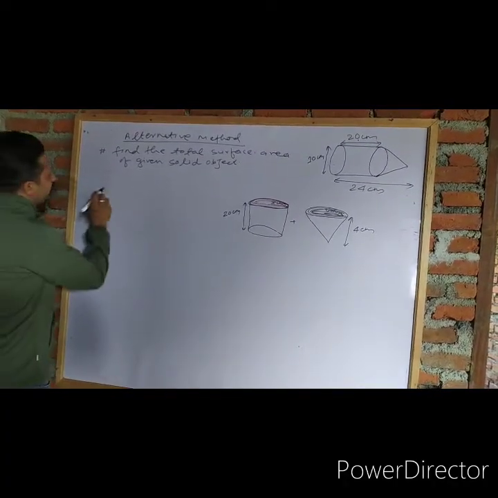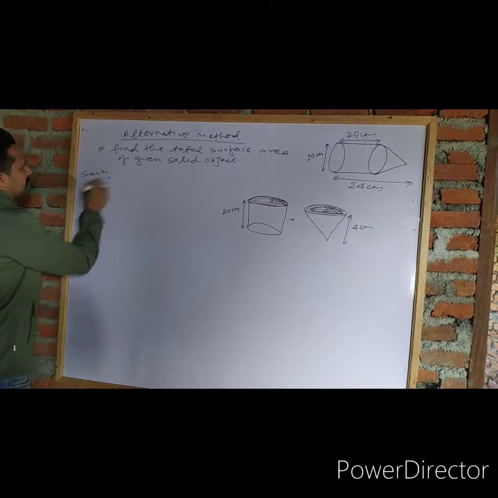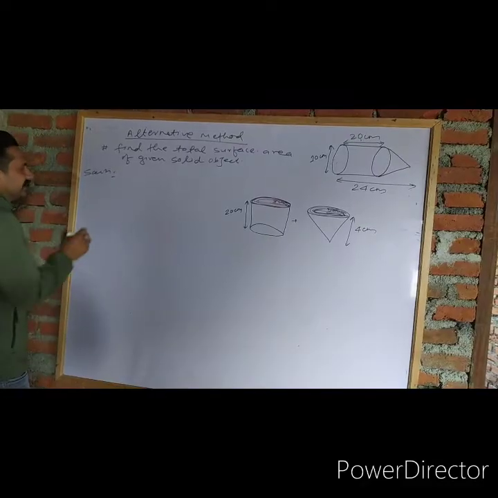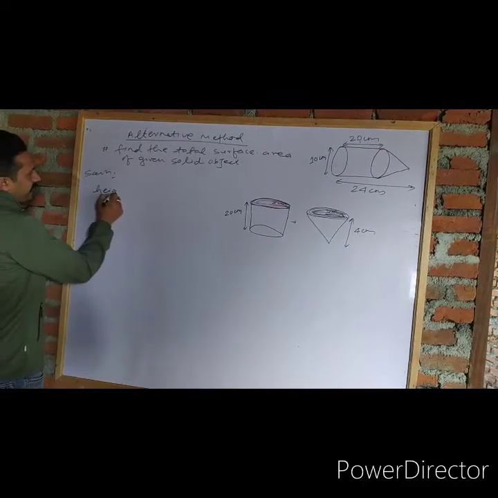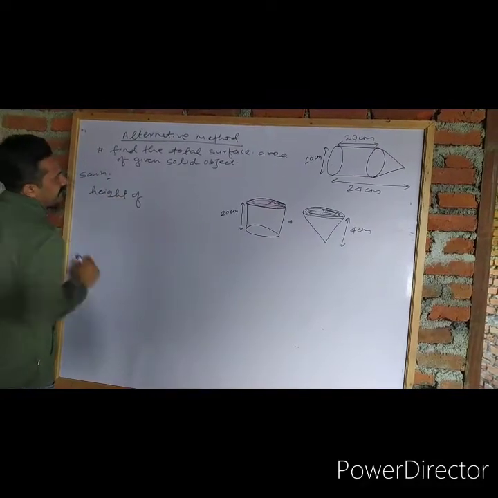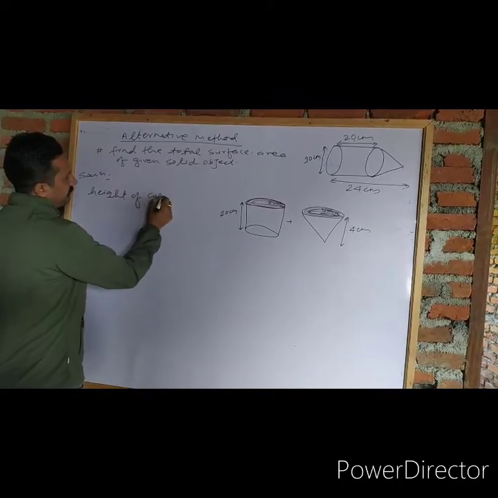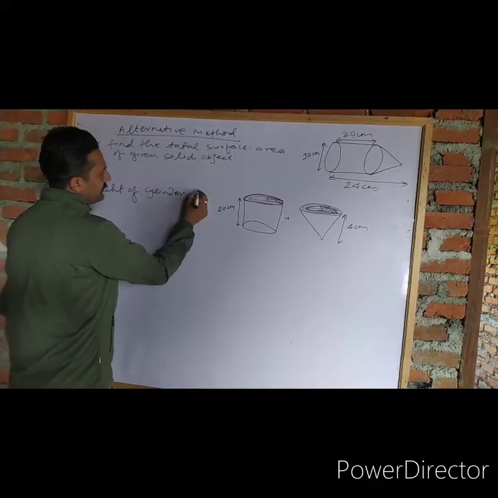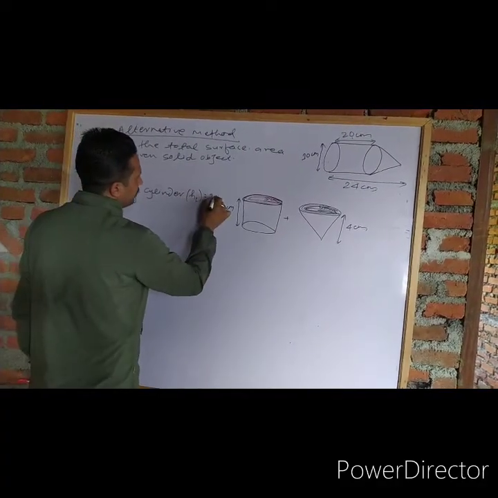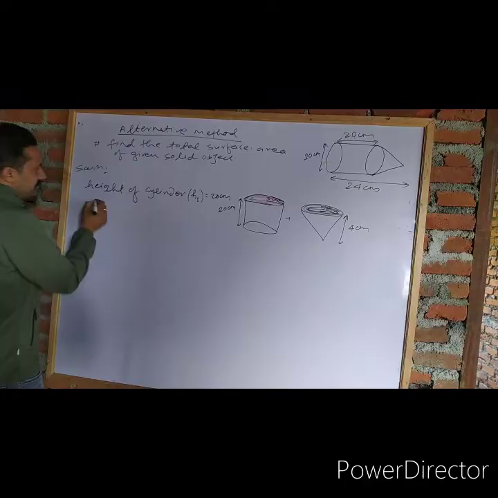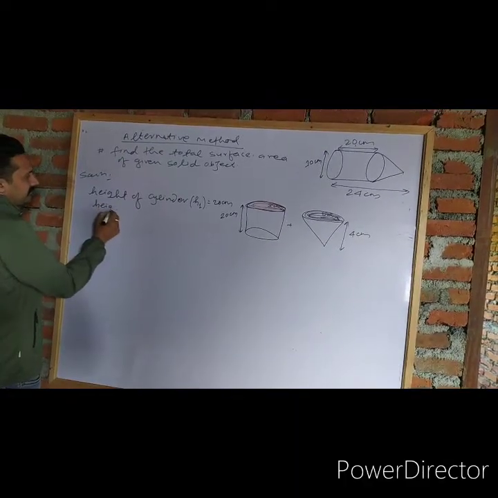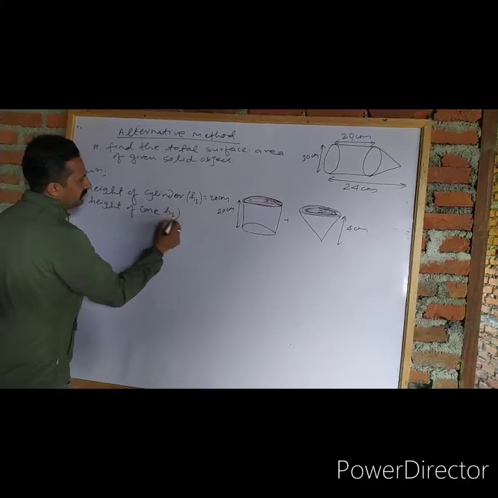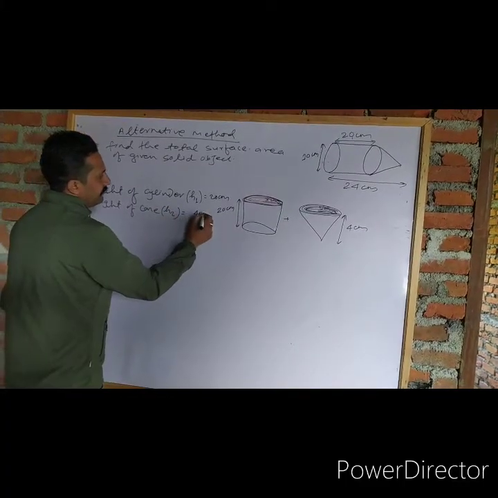Now let's start the solution. Before starting the solution, write the given information in the figure. Height of cylinder denoted by h1, 20 centimeter. Height of cone h2, 4 centimeter.